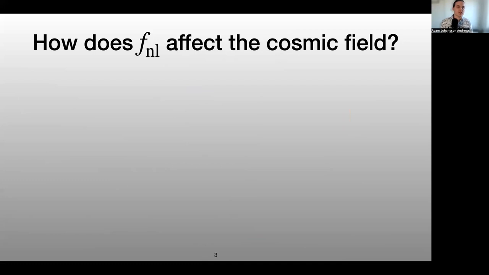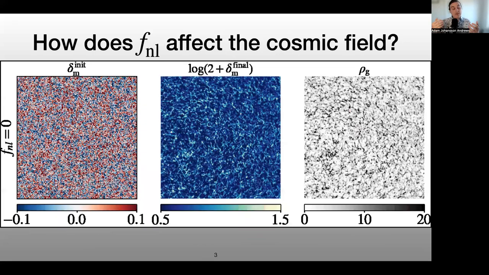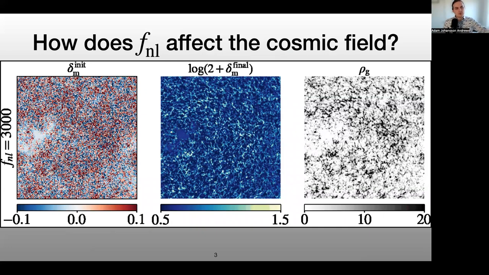To give a little more motivation for this, I made this animation, which illustrates how the cosmic field is affected by the FNL parameter. On the left-hand side, we have the initial density field, which, when perturbed with the FNL parameter, becomes, of course, highly non-Gaussian.